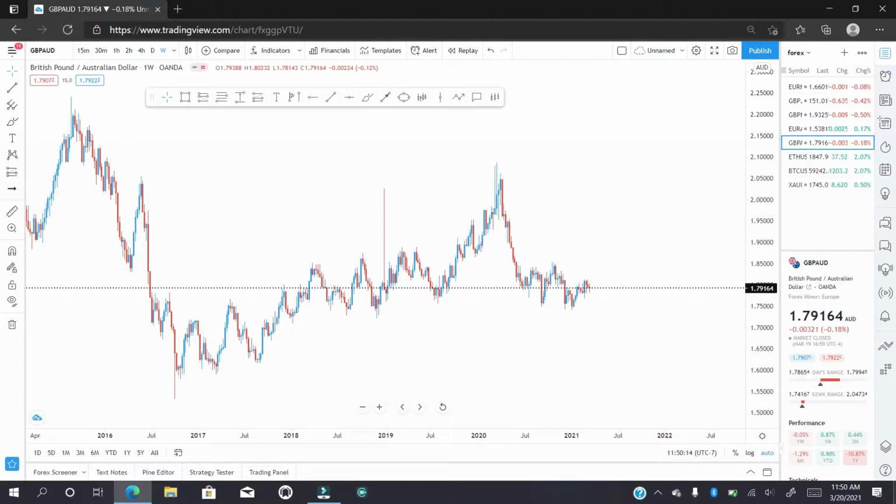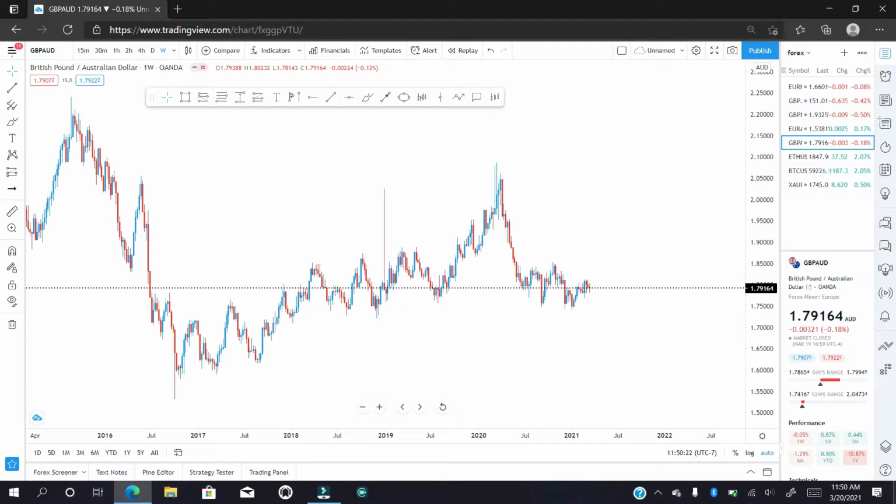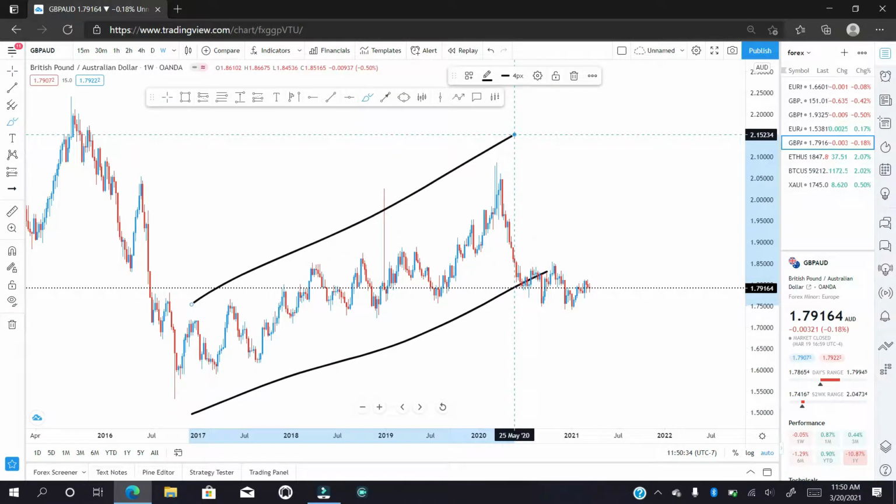And first of all, what you have to do is a top-down analysis. So the first point is to identify the trend. I am on the weekly time frame here. As you can see, we have a kind of uptrend from here to here.